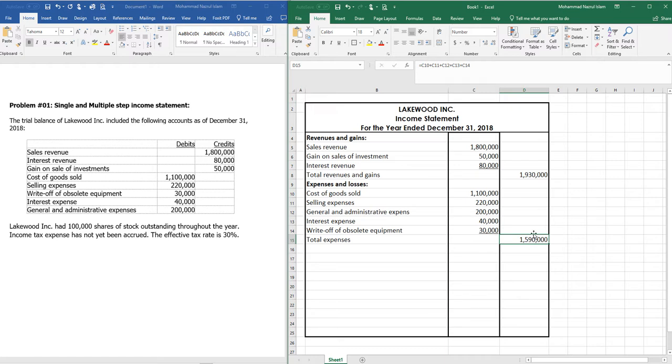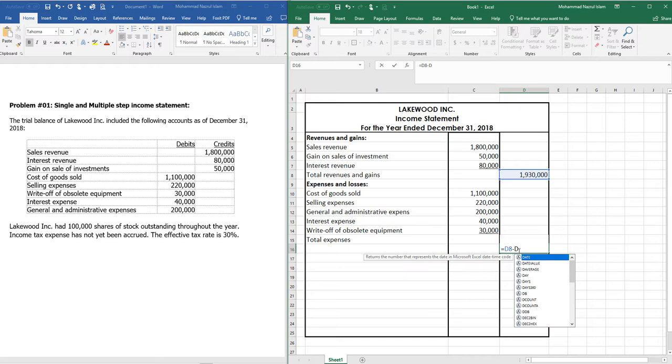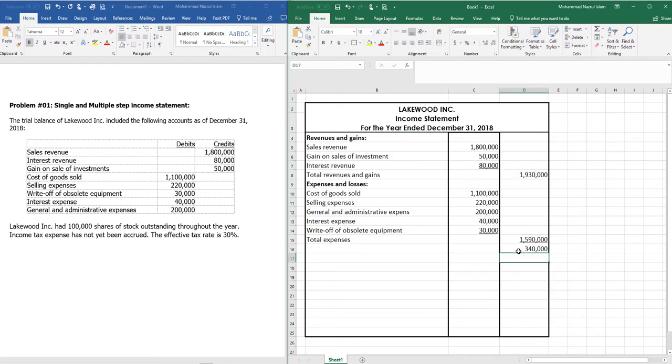After subtracting this total expense from revenue, revenue is our D8, minus D15.